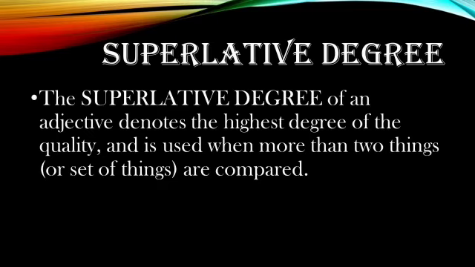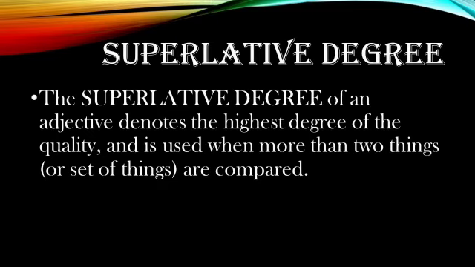Children, I would like you all to compare all these three definitions which I have given. In the first one I gave you that no comparison was made. It was your positive degree. When the comparison was made between two things, that was your comparative degree.